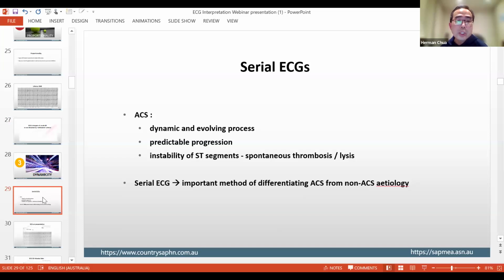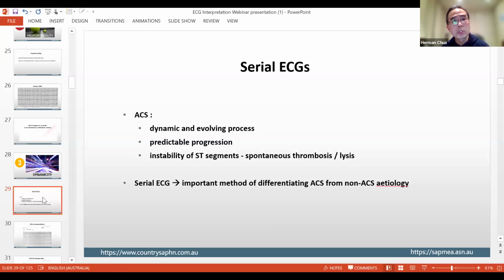So there is an evolving process. And ECG is only a 10-second representation of what the heart is doing. If that's the only ECG that you do, then you're only getting 10 seconds' worth of what the heart is actually doing.